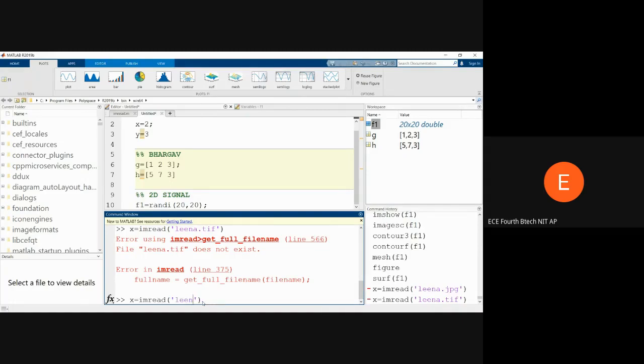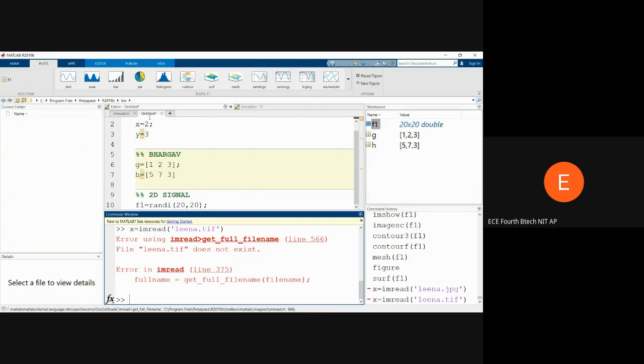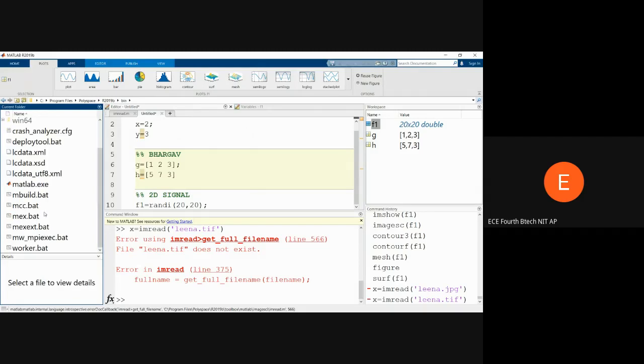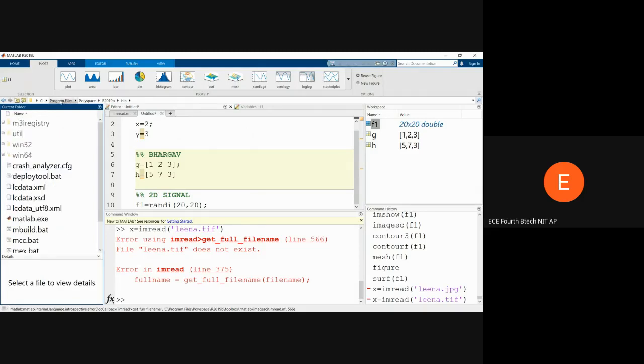Okay. Anyway, if you want that, I'll get it done. Okay. Examples. Yeah, see, what it is saying is that the image is not there.